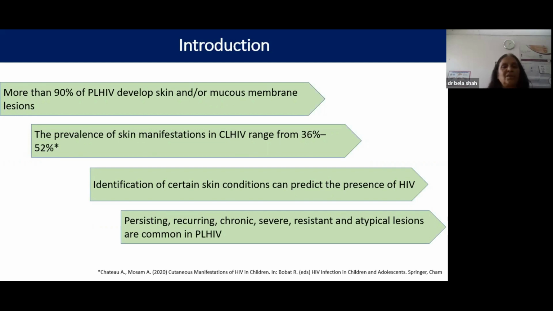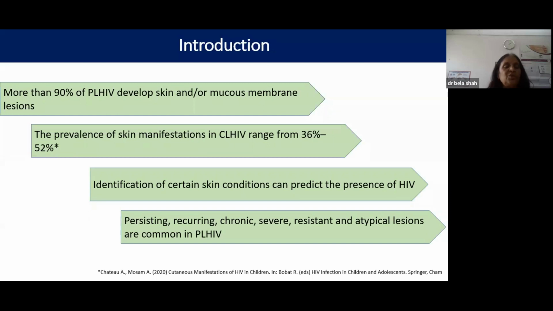We have to remember that not only in adults, but skin manifestations are also frequently seen in children, and up to 52% of the children who are CLHIV can have a variety of skin manifestations. It is very important to identify these conditions because a few of them can predict the level of CD4 counts in a given subject, and also predict the course of the disease.